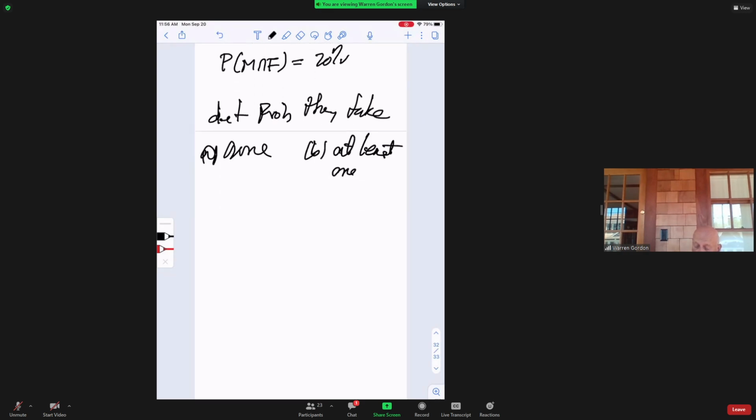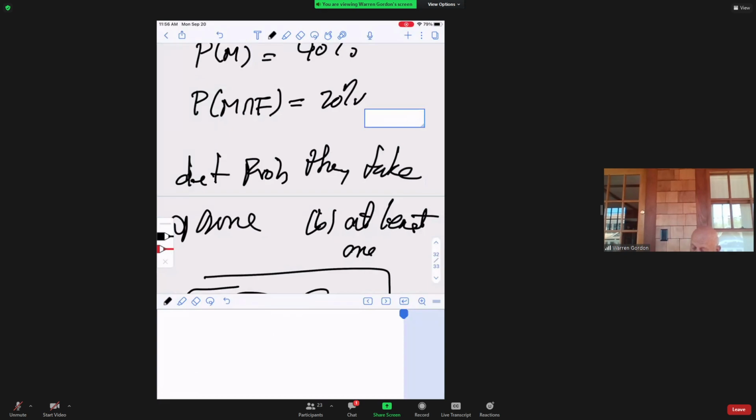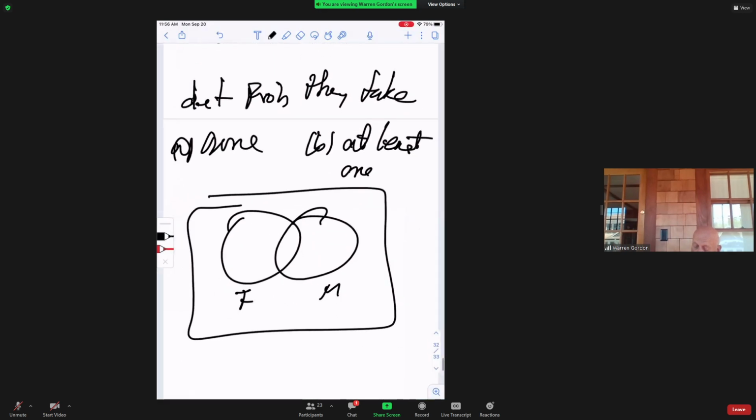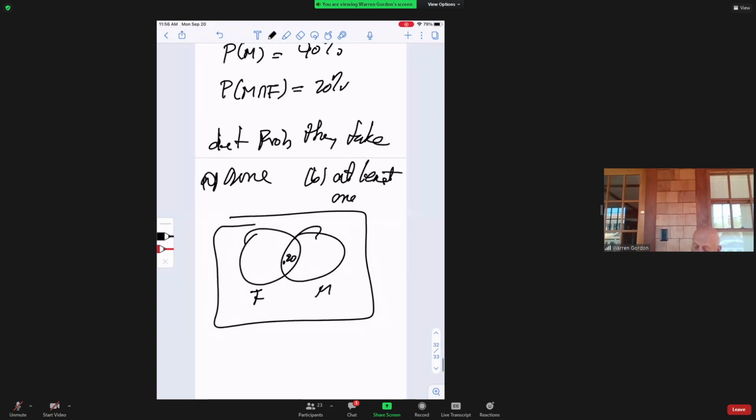So notice, the probability to take both was 20%, 0.2. The probability to take math is 40%, so this has to also be 0.2, only math.